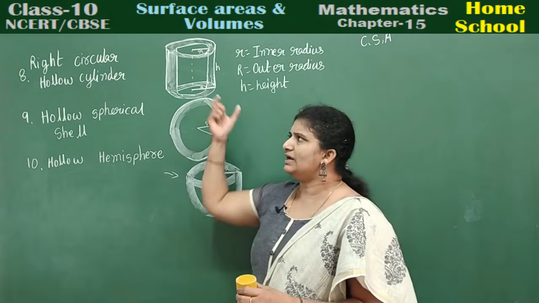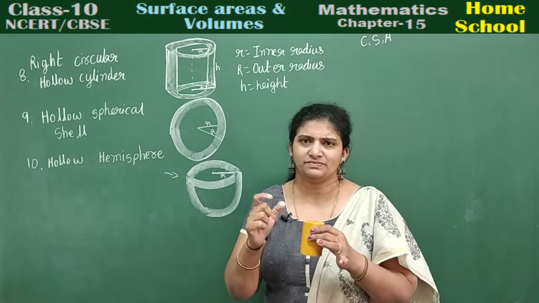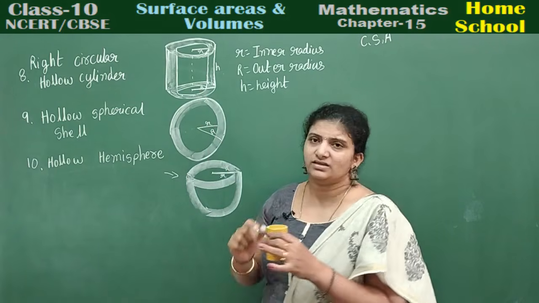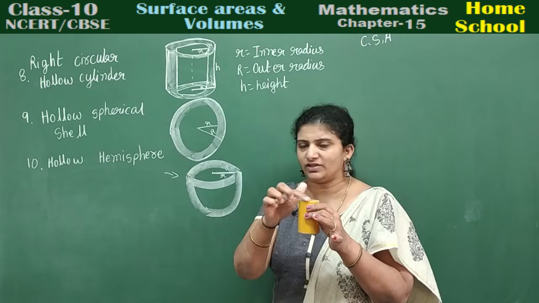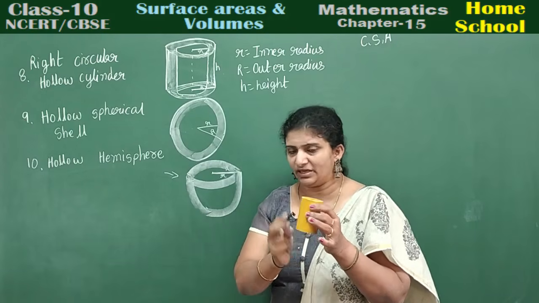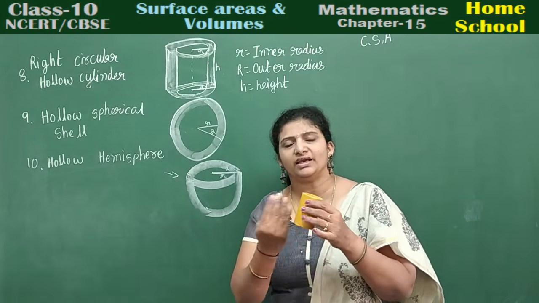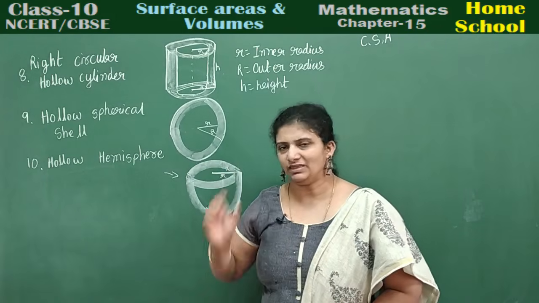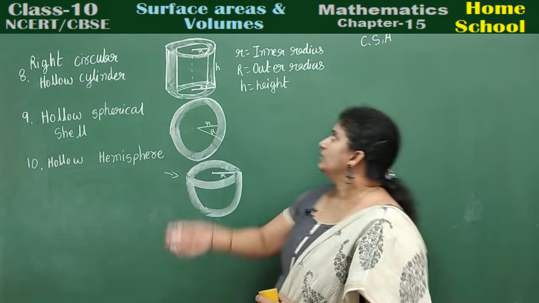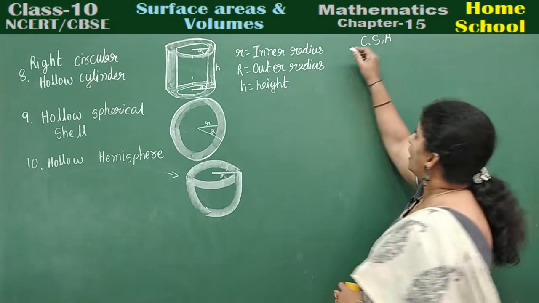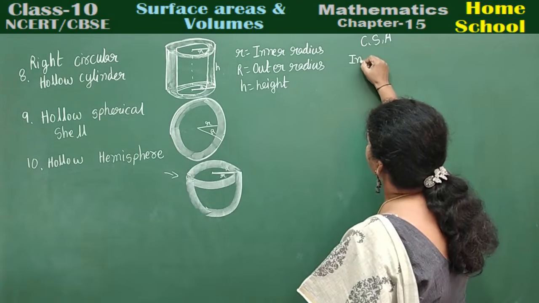See here, this cylinder will have a thickness. You can see the thickness: at the top there is a ring of thickness, at the bottom there is a ring, and the full curved surface has some thickness. You can see the shaded portion there.